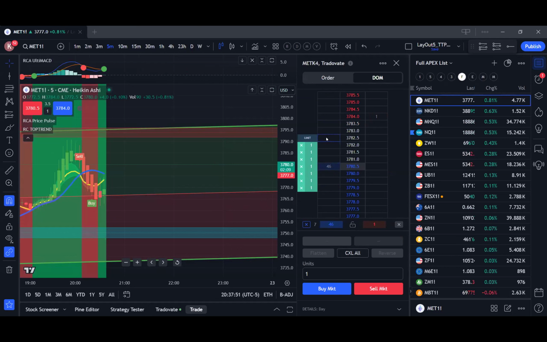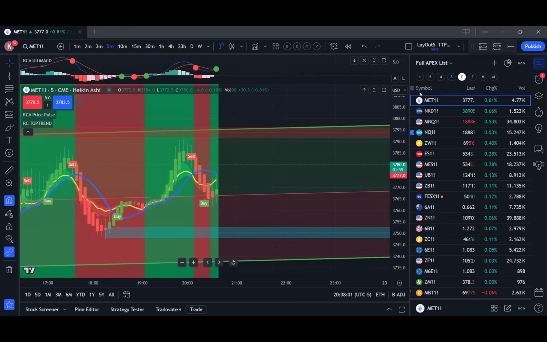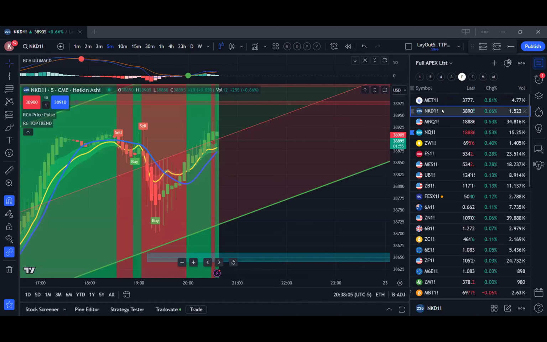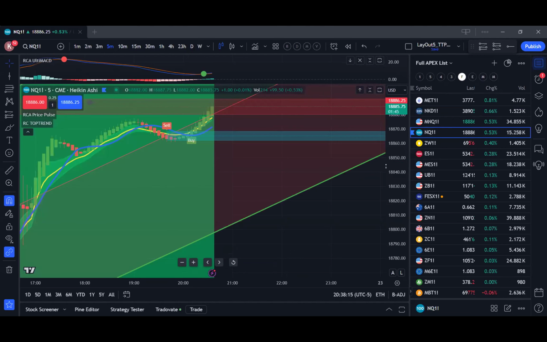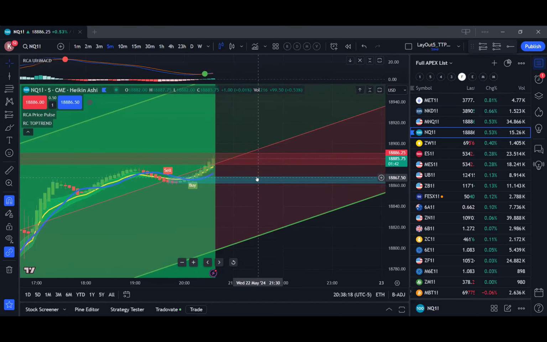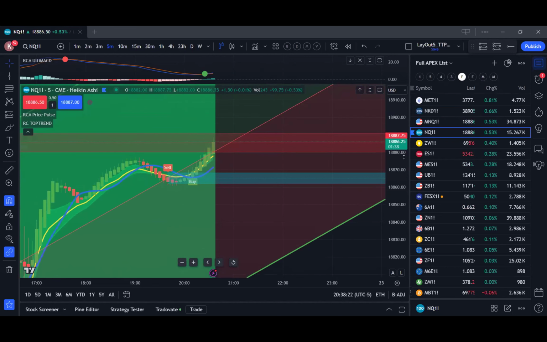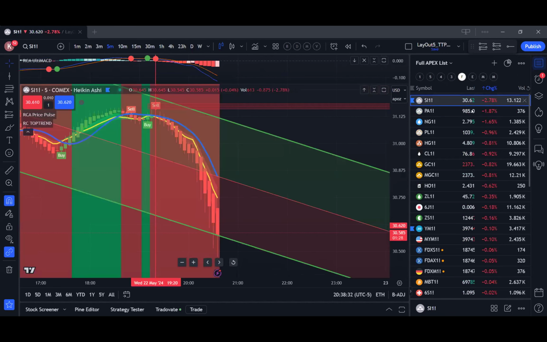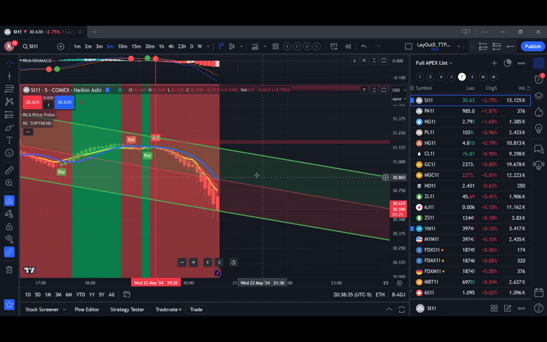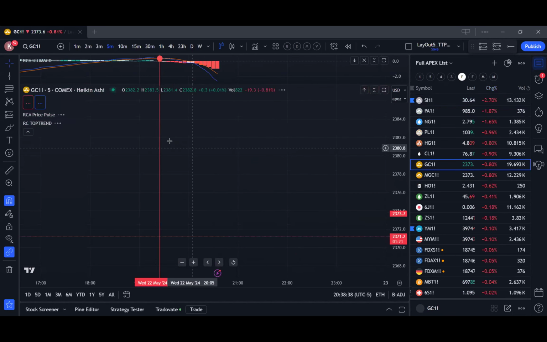Right? These are just micro, so we can take multiple positions. Now we should see a reversal on silver, and also gold should start moving up.